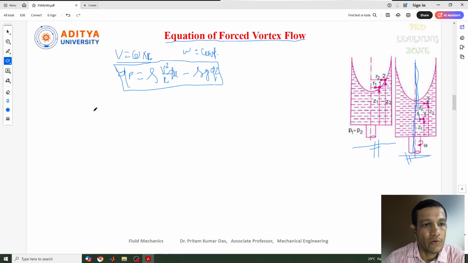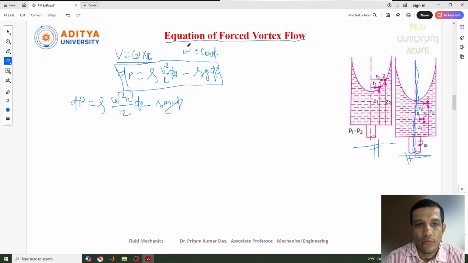Once we put the value, in place of V we put omega R, and we get dP equals rho omega square R square by R into dr, minus rho g dz. This is the equation we got for forced vortex flow from the general equation.